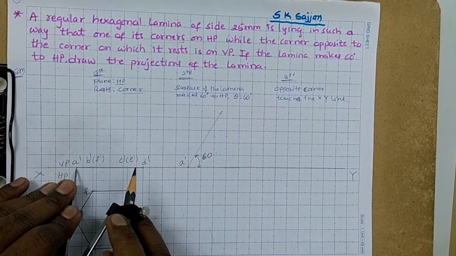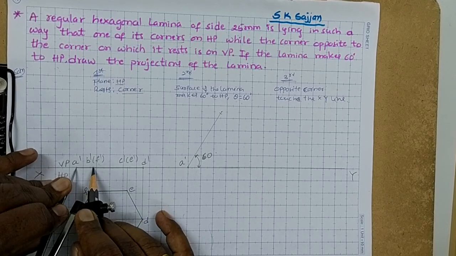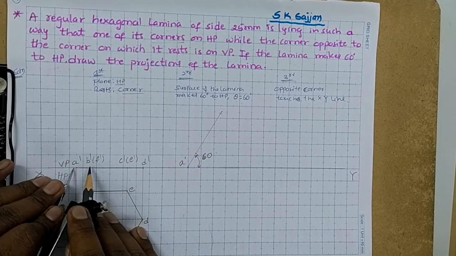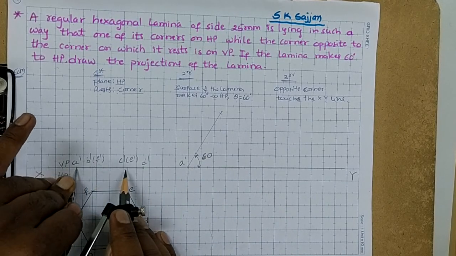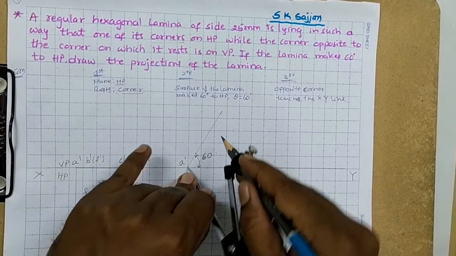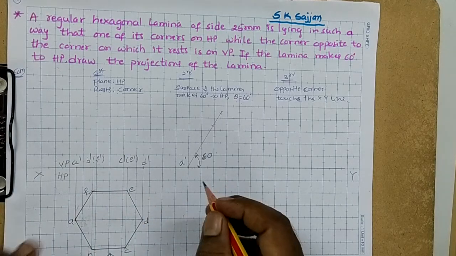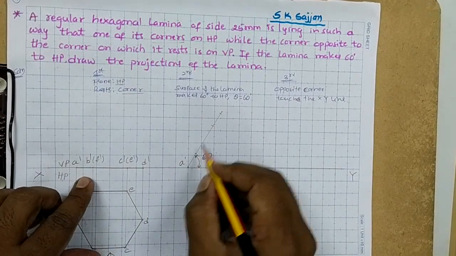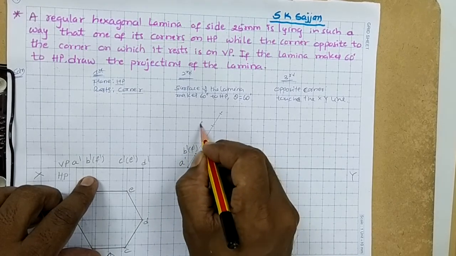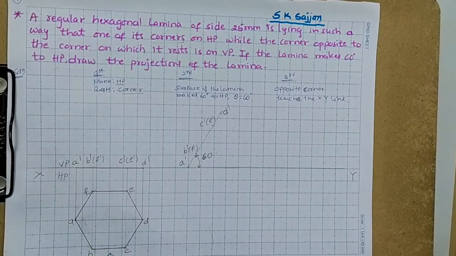I name these points as B dash, F dash, and this point is C dash, E dash, and this point is D dash.